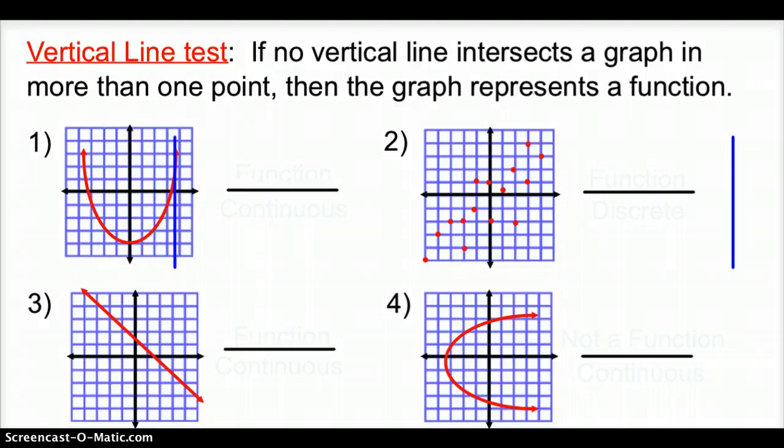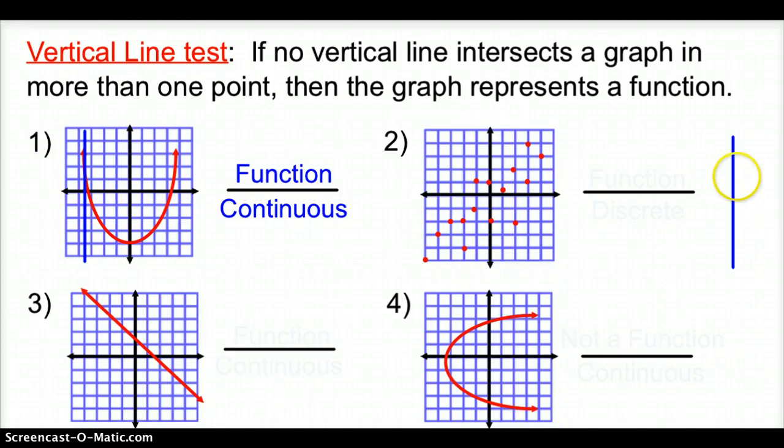Now it may look close here, but it is just going through one point. So since this graph passed the vertical line test, that line did not go through any 2 points of the graph at the same time, it is a function. And what kind of relation is it? It is continuous because there are no separate points on this line.